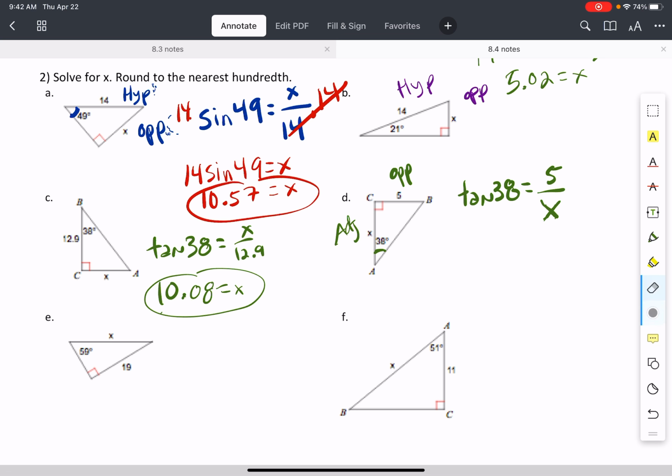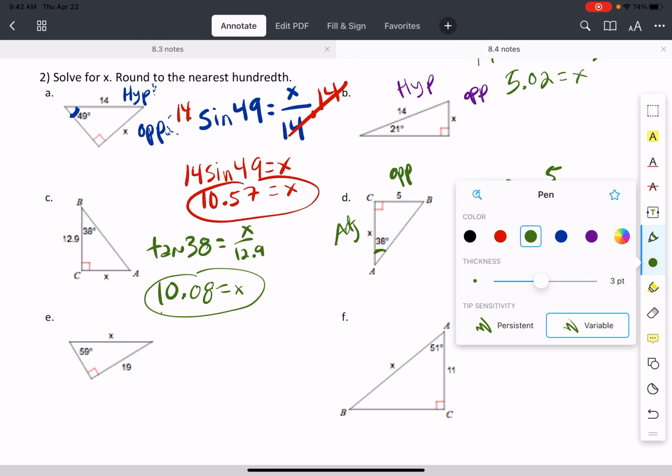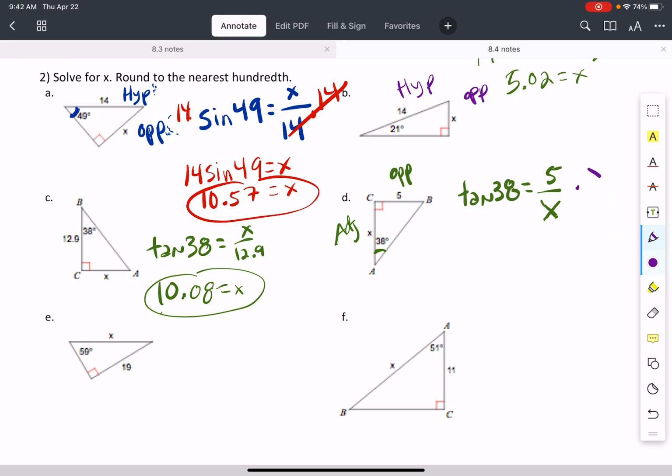Because we can't have x in the bottom of a fraction, then it won't be considered alone. So the first thing I'm going to do is times x on both sides. So the purpose of doing that is to get the x out of the bottom of the fraction.